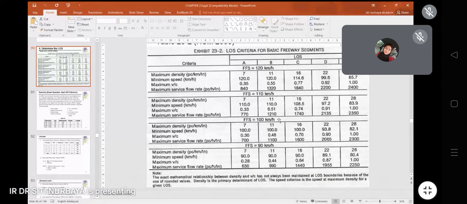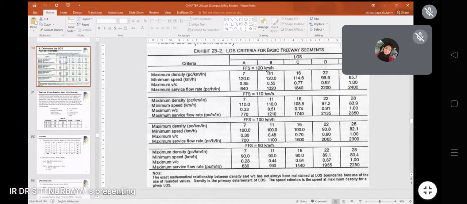So 9 is closer to B. The FFS earlier was 94.4, so somewhere in between 90 and 100 km per hour for the FFS.